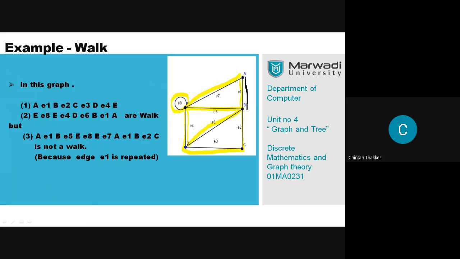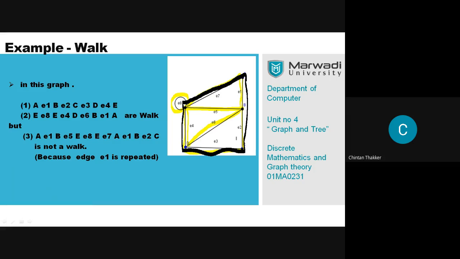Here we start with A to B, E1, then E2, C, then E3, D, then E4, E, then E7, A. Then this is a closed walk.